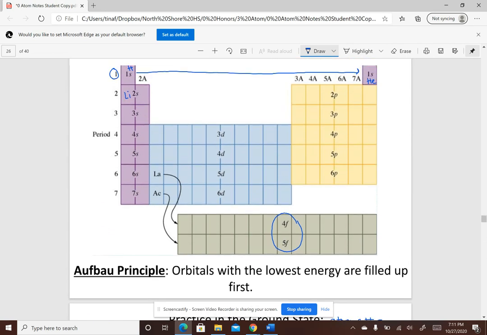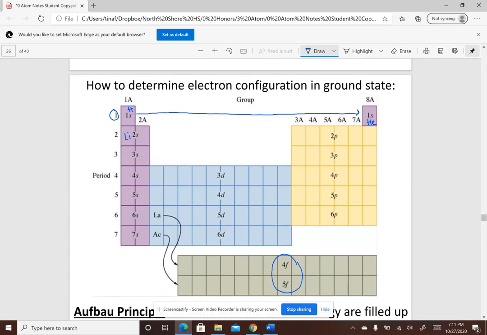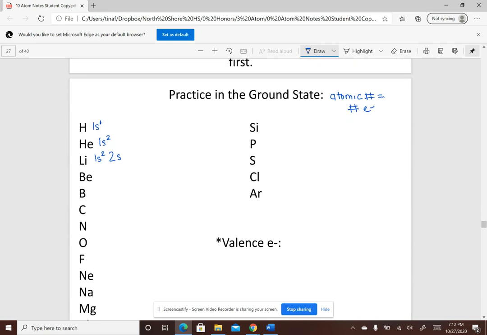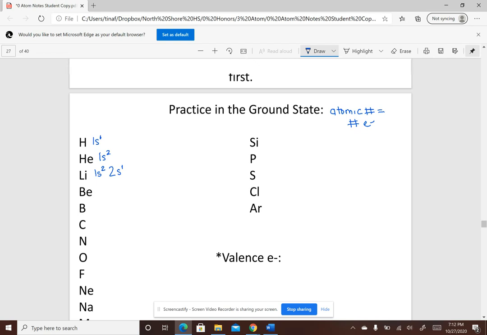And now as I go across this row here, I just fill up the electrons, 1, 2. So lithium only has 1 more electron in it because its atomic number is 3. So I'm going to put a 1 there. I have a total of 3 electrons. 2 are in the first energy level and 1 is in the second, right?